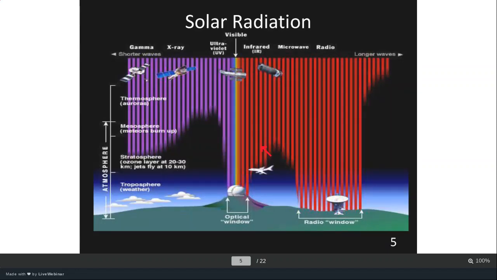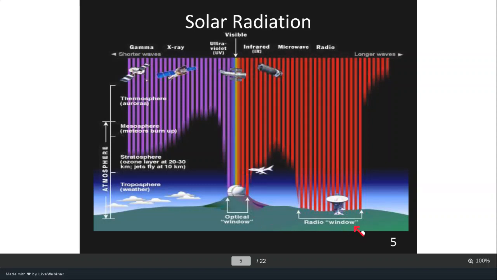This slide shows the spectrum of solar radiation from gamma rays to radio waves. Here we can see that gamma rays, X-rays, and ultraviolet rays can be absorbed by the atmosphere of Earth, and optical window, IR range, and radio frequency are coming at the ground level.